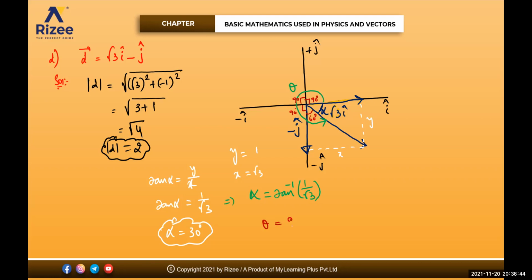So theta will be equal to 90 plus 90 plus 90 plus 60. So 90 plus 90 plus 90 is how much? 270. 270 plus 60 is how much? 330. So theta is equals to 330.